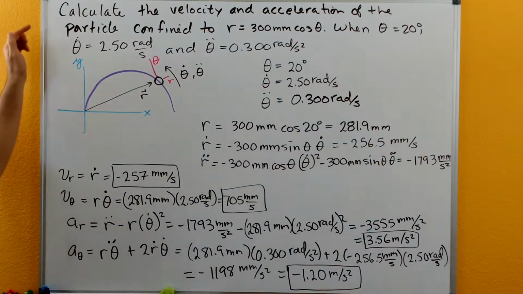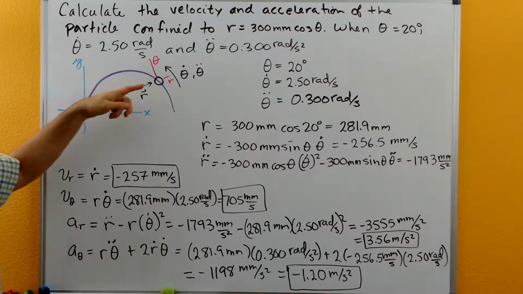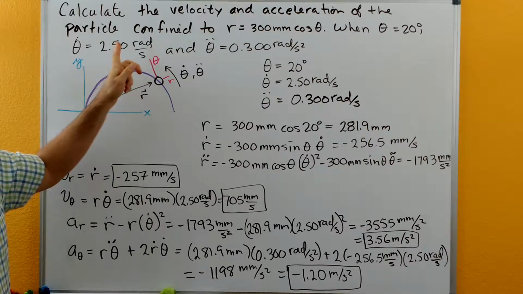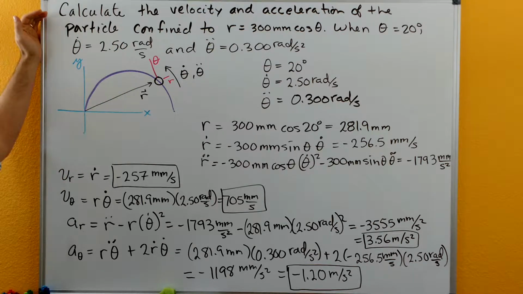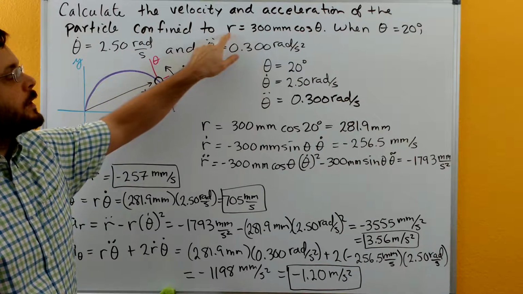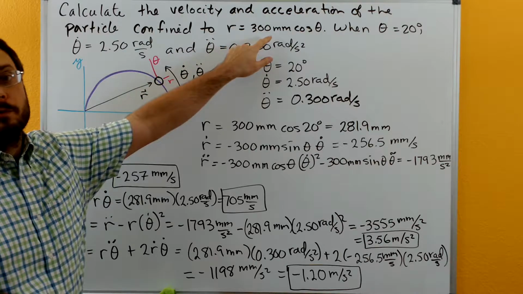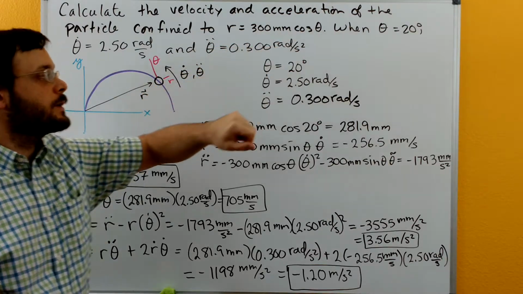So with this problem, we're going to use the radial and transverse coordinate system to calculate the velocity and acceleration of a particle that's constrained to move along this curve where we have r as a function of theta. So r is equal to 300 millimeters times cosine of theta.